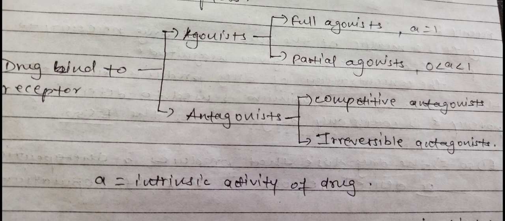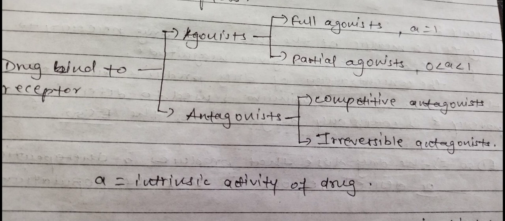For a full agonist, E equals 1; for a partial agonist, 0 is less than E, which is less than 1. What does E stand for? E stands for intrinsic activity of the drug.